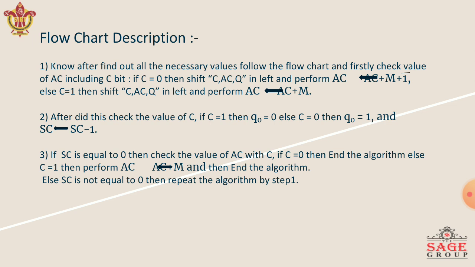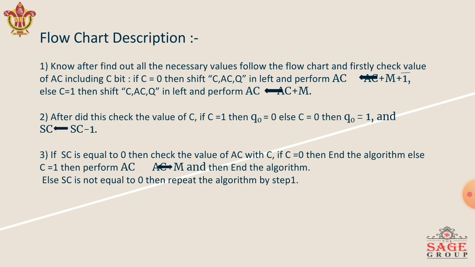After that, check the value of C. If C equal to 1, then Q0 equal to 0, else C equal to 0, then Q0 equal to 1, and SC is decremented by 1.